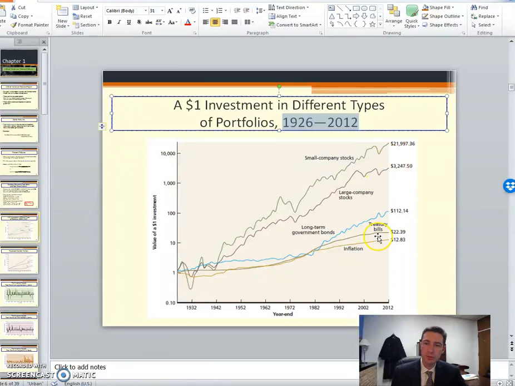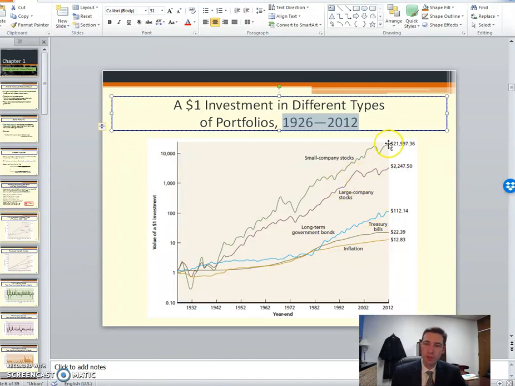Now, what's the relationship that all of these have? Well, the difference is the risk and the return. Small company stocks carry a lot of risk. Large company stocks have less risk. Long-term government bonds have more risk compared to treasury bills, but are not as risky as stocks.